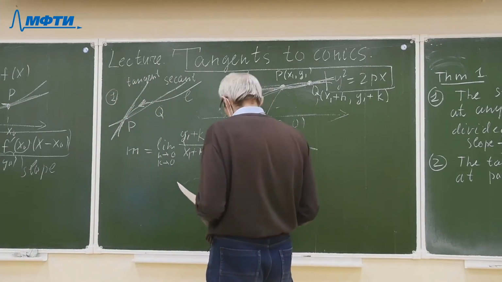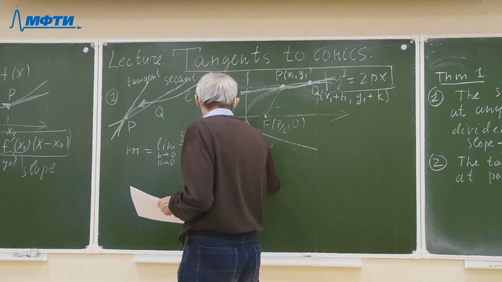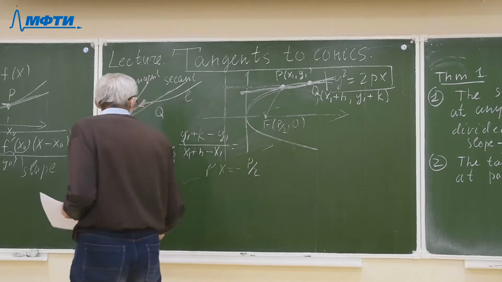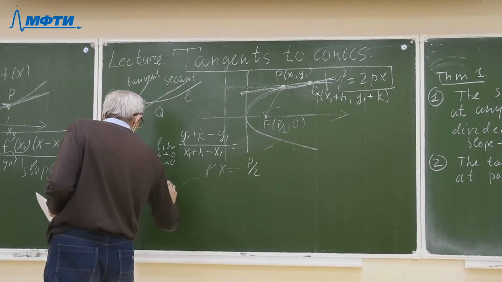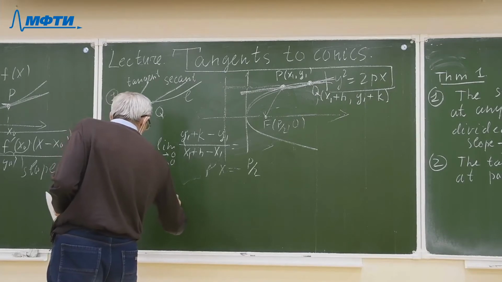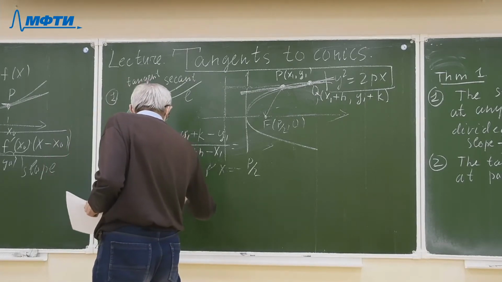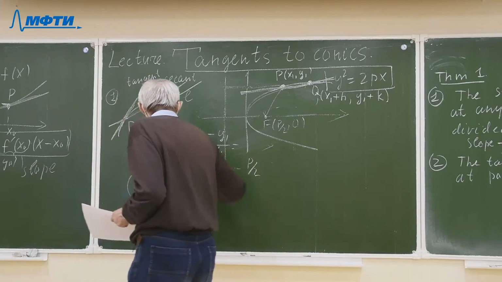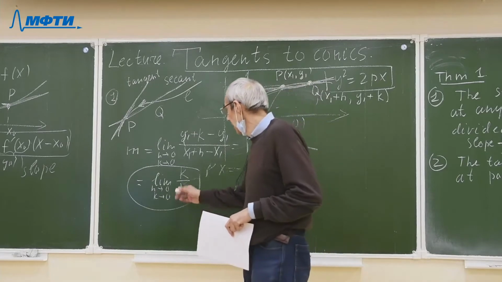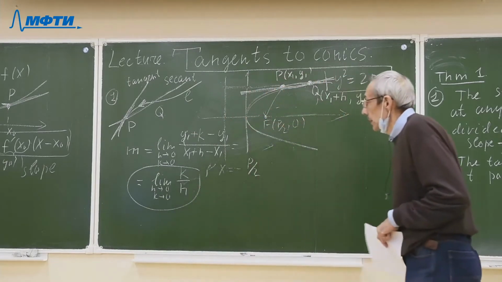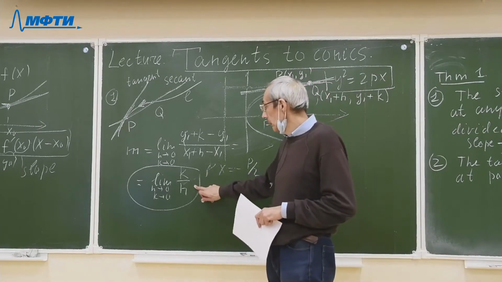In this case, we obtain the following expression for the slope: the slope is equal to the limit of the ratio k to h.